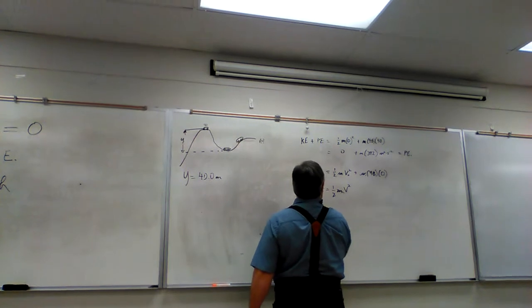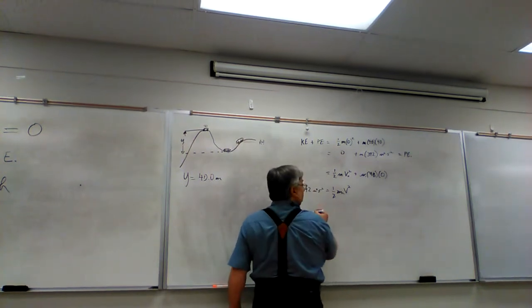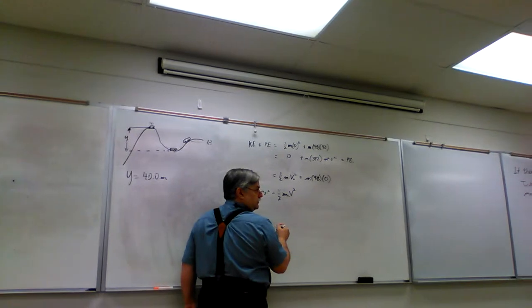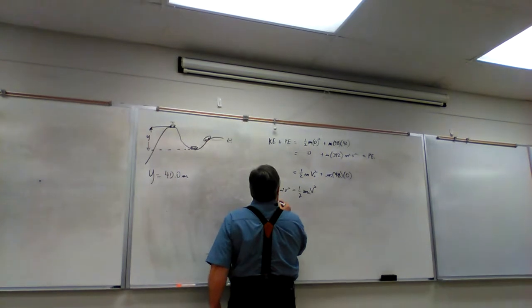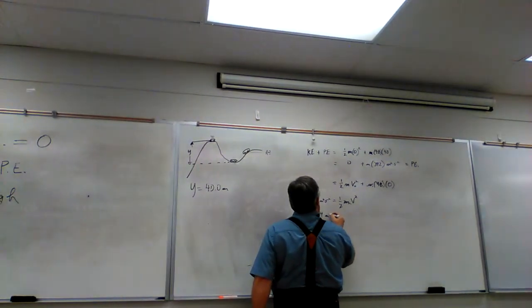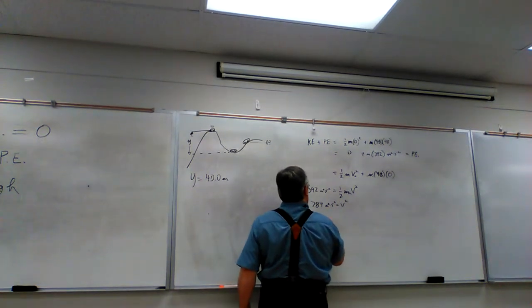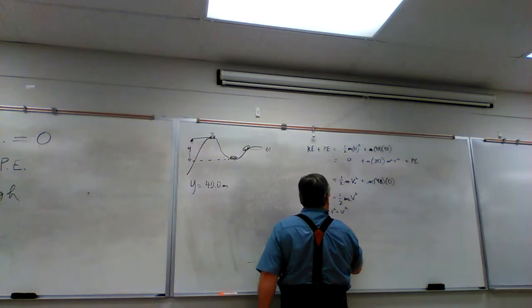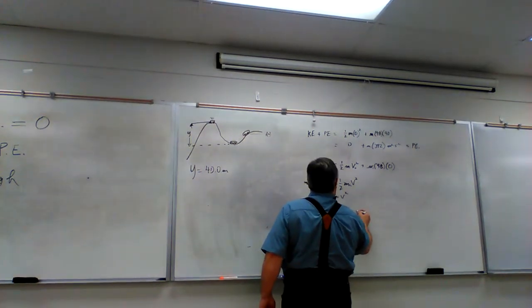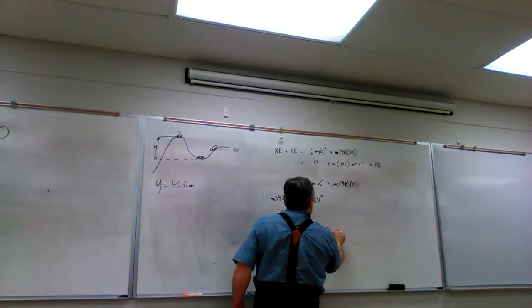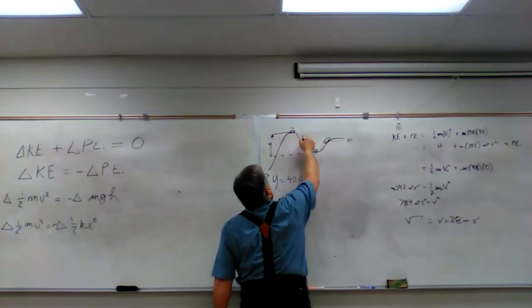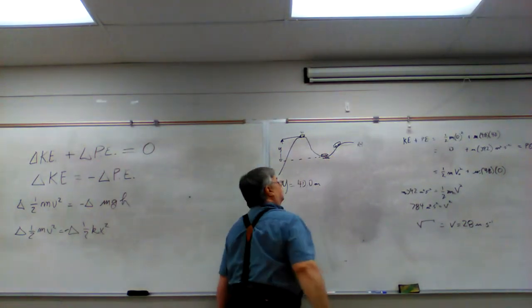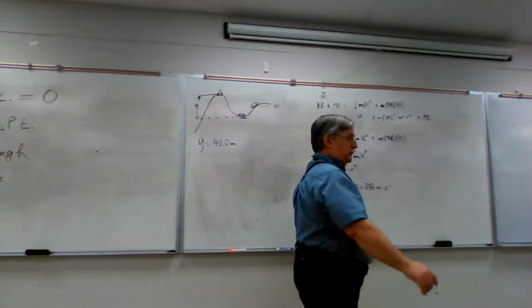The m's cancel out. What's 2 times 392? 784 meters squared per second squared is equal to velocity squared. And if you take the square root of both sides, 28 even. So at the bottom of this 40-meter drop, its velocity is now 28 meters per second.